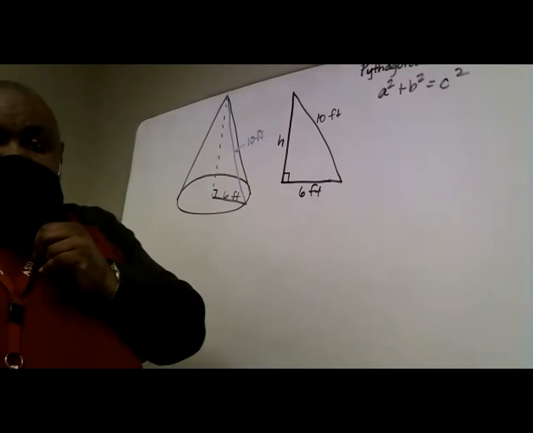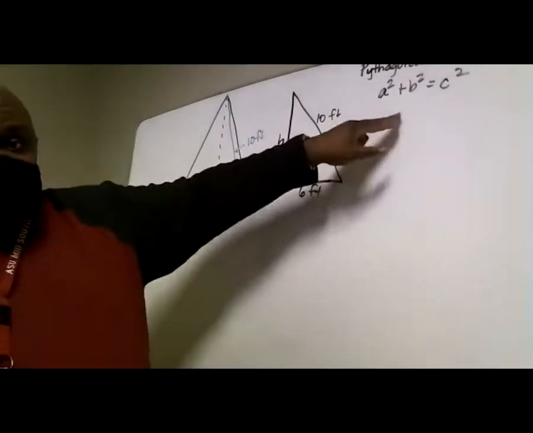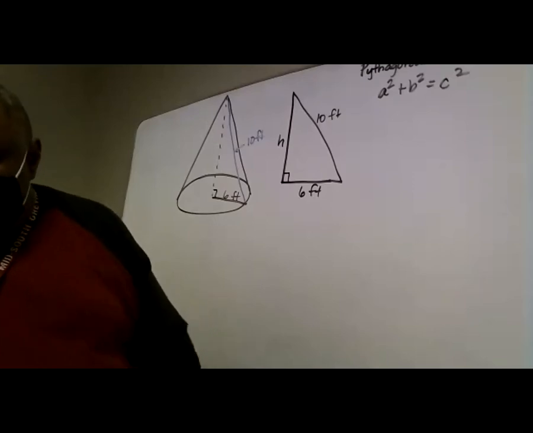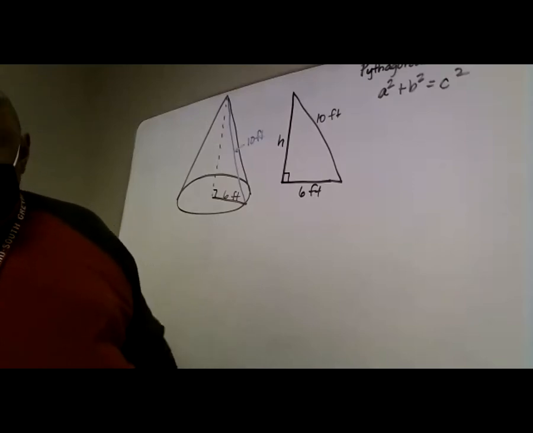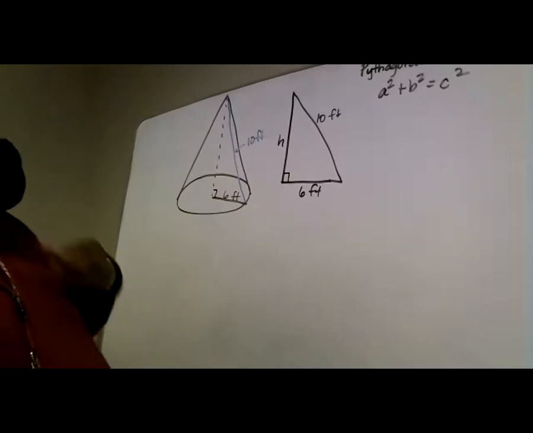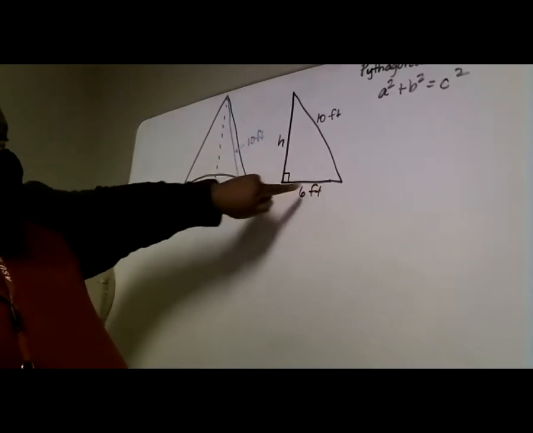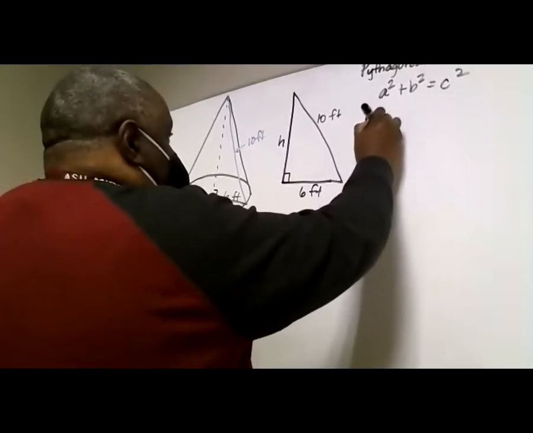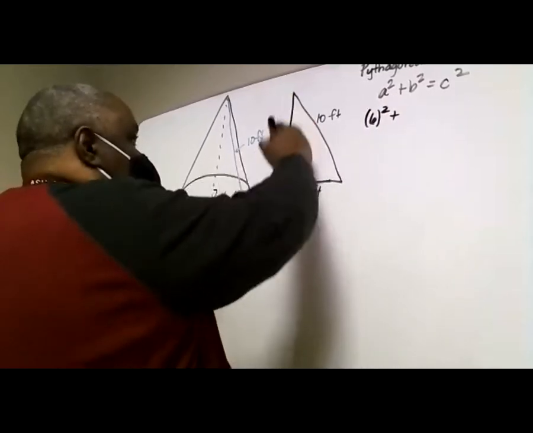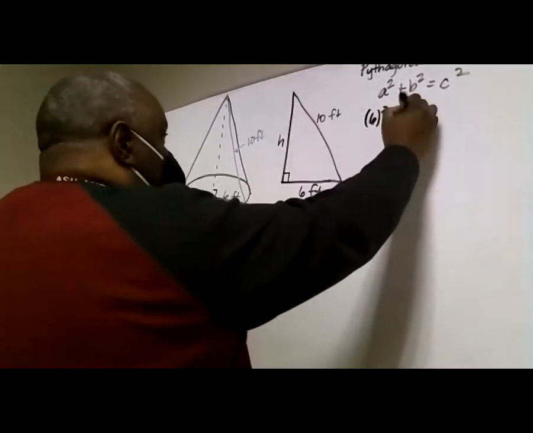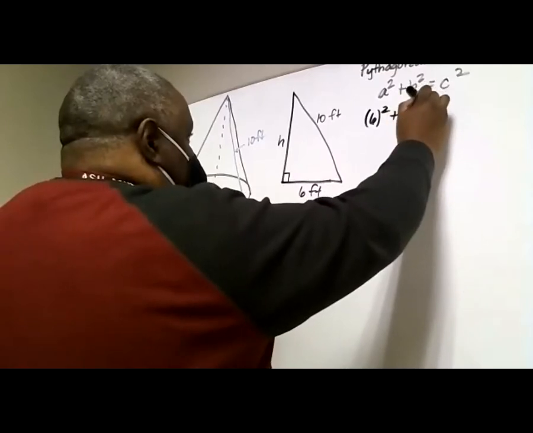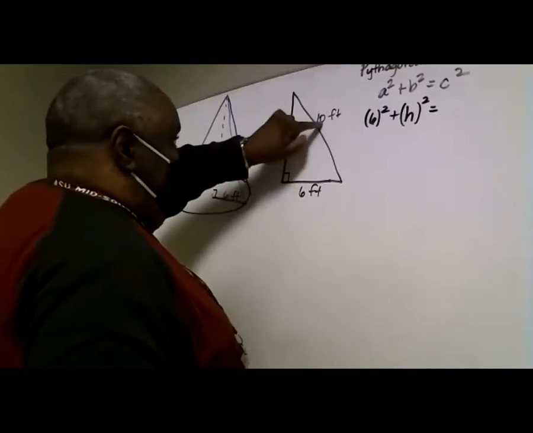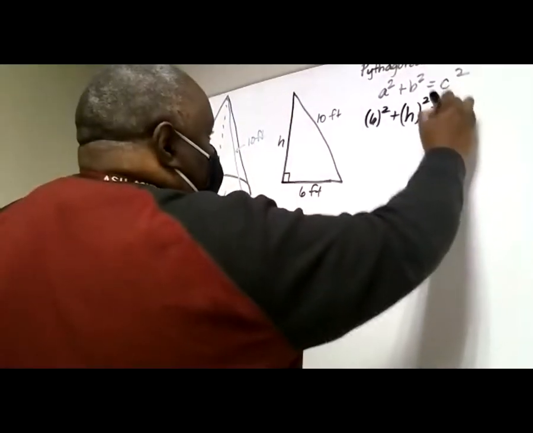So the square of the hypotenuse is equal to the sum of the squares of the lengths of the other two sides in that right triangle. Here, I'm going to let this be a, that's 6 feet. So this will be 6 squared plus h squared, which is what I'm trying to find, equals c squared, where c is the hypotenuse, 10 feet. This will be 10 squared.